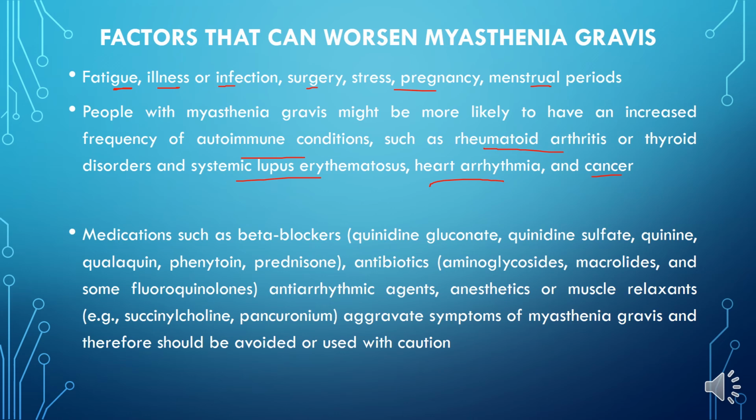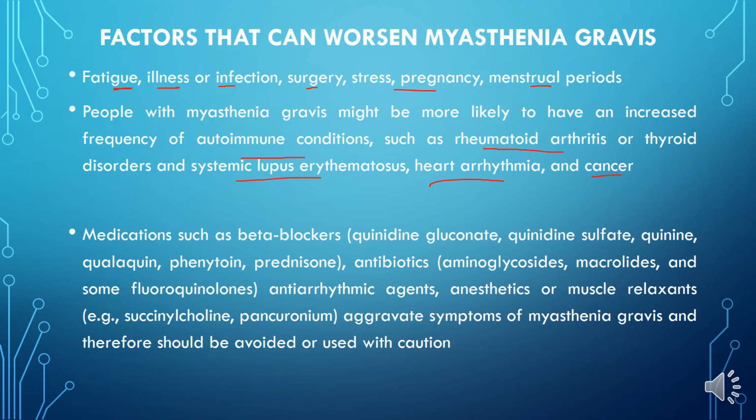These ailments also increase the myasthenic condition, that is, they can lead to a myasthenic crisis, which is a much more aggravated condition of myasthenia gravis. These autoimmune diseases or any type of cancer increase the symptoms.